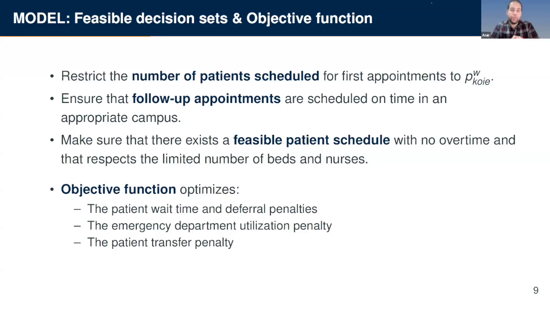And also we have to make sure that the patient transfer penalty is minimized. That has the highest penalty among all of the objective function components, primarily because we want to discourage the model from transferring patients to other hospitals, which is a big inconvenience for the patients.